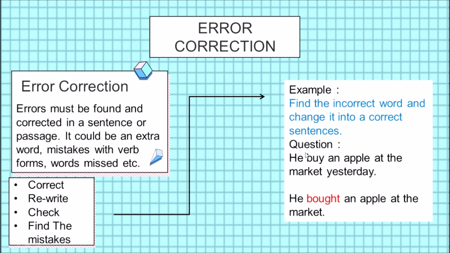We have to change this verb to verb 2, because for the past tense we have the pattern subject, verb 2, plus object. This is the best answer: She bought an apple at the market yesterday.